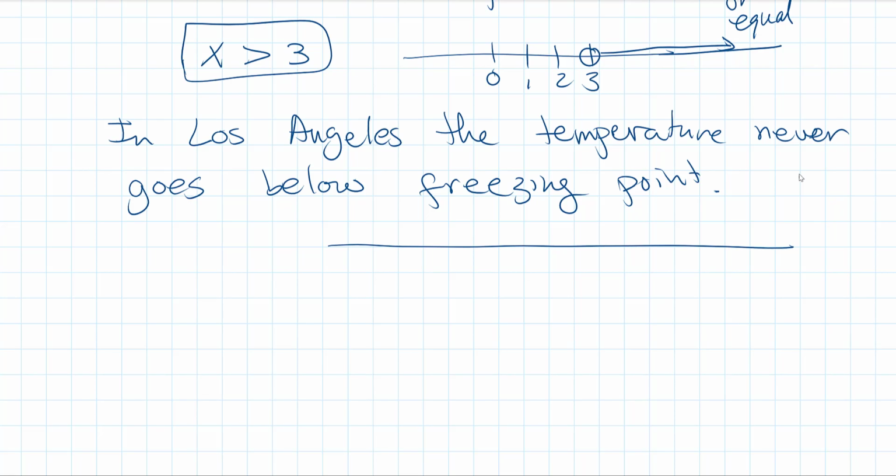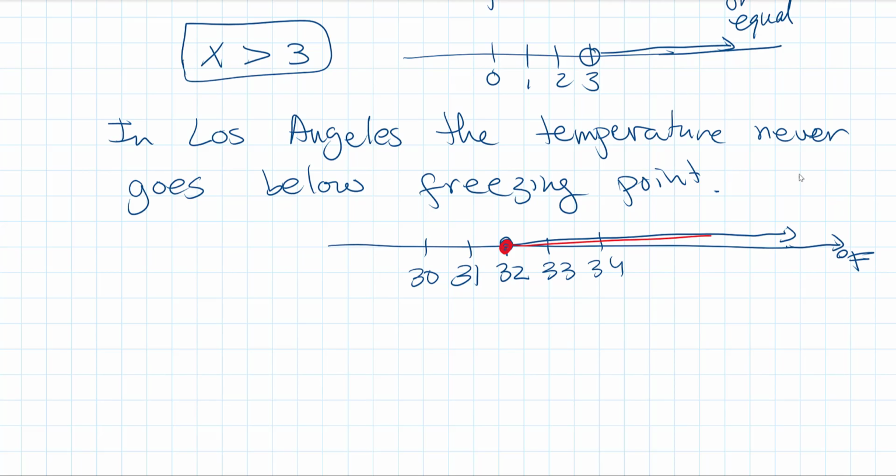Well, let's look at the number line, and let's do it in Fahrenheit. The freezing point in Fahrenheit is 32 degrees. So this is degrees Fahrenheit, right? So we have 32, 33, 34. Here we have 31 and 30. But what we know is that the temperature never goes below the freezing point. So it's above or equal to 32 degrees. And we can graph it. Let's use a different color maybe.